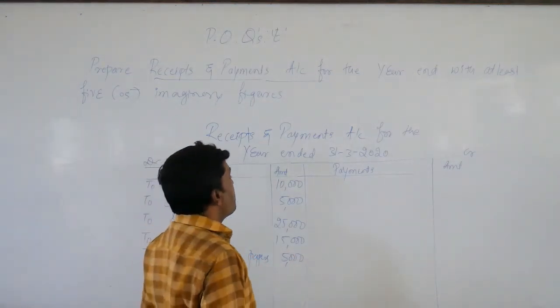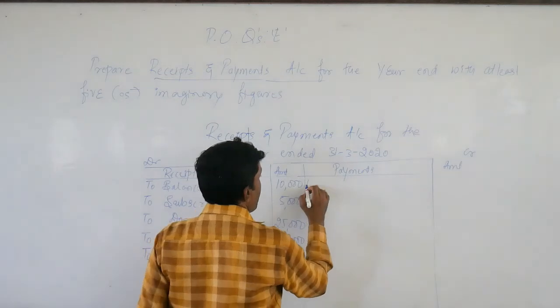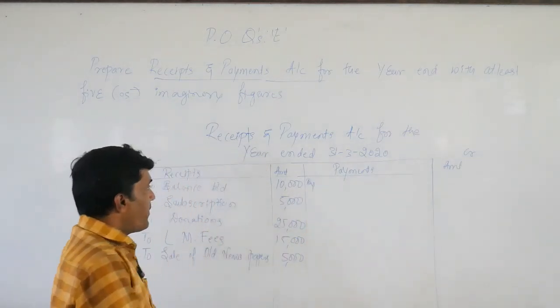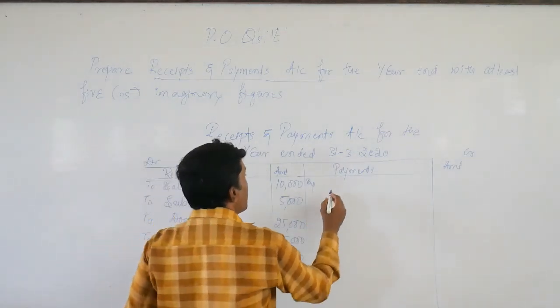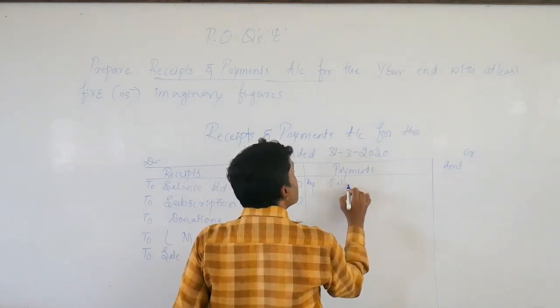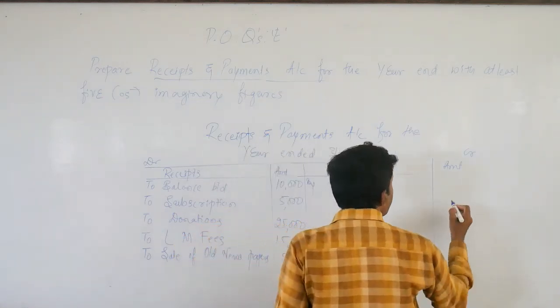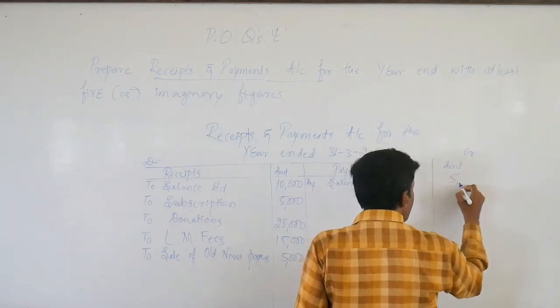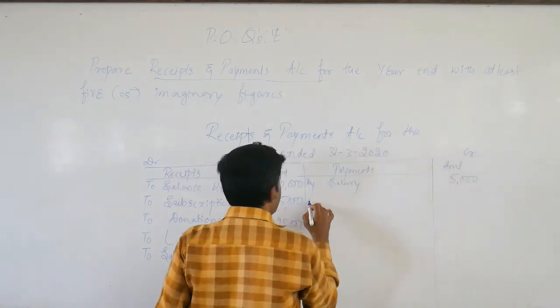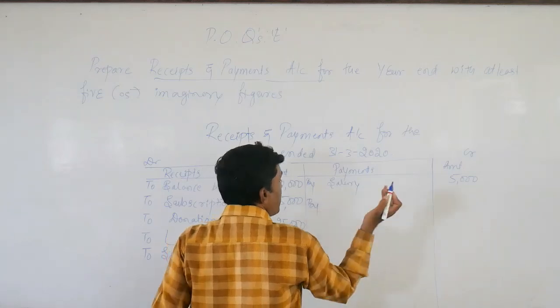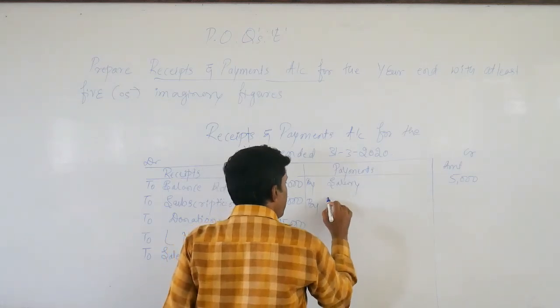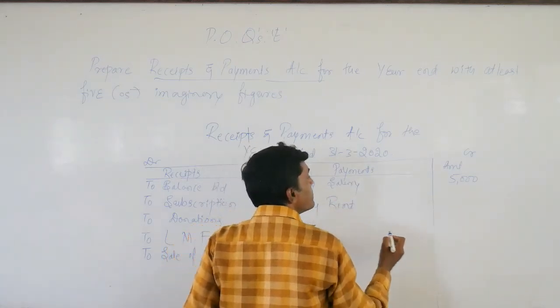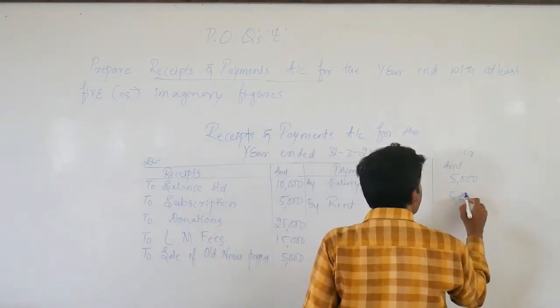So a few examples for payments. By what kind of payments? By salary, you can take 5,000. By rent or printing and stationery, whatever you can take. By rent, 5,000.